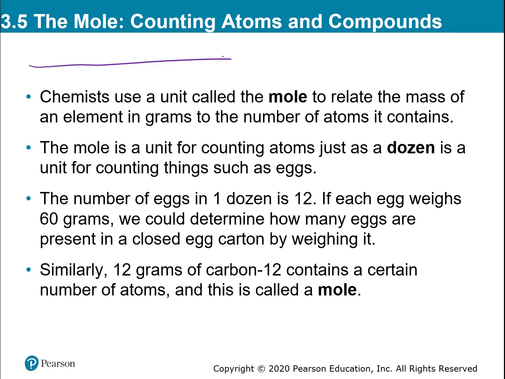So you're like, well, how do we scale up numbers of atoms to a measurable number of atoms that's consistent, despite the fact that every atom has a different mass, right? So hydrogen has a mass of 1, carbon has a mass of 12. So how do we count the same number of atoms and then also take into account the atomic mass of each one of those?